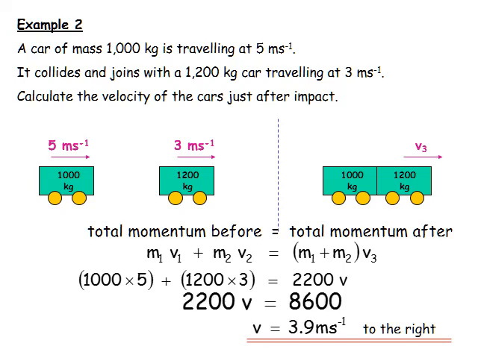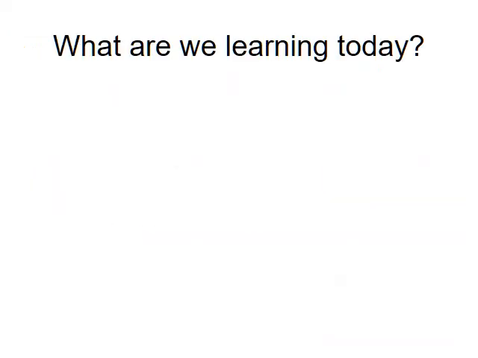Work out our numbers, solve to get our answer plus our unit. So v is 8,600 divided by 2,200, which gives us 3.9 metres per second, positive to the right.